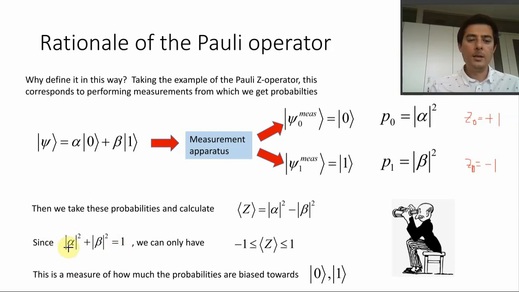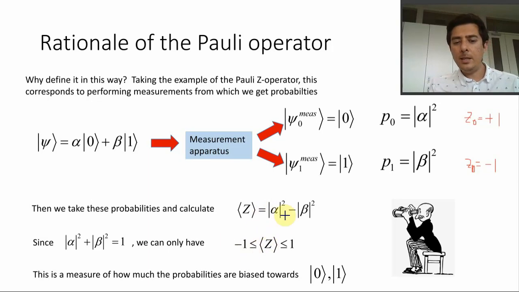So the biggest alpha could be is 1, and then beta is 0, and the average value of z is 1. The smallest z could be is when beta is 1 and alpha is 0. That's the flipped case.